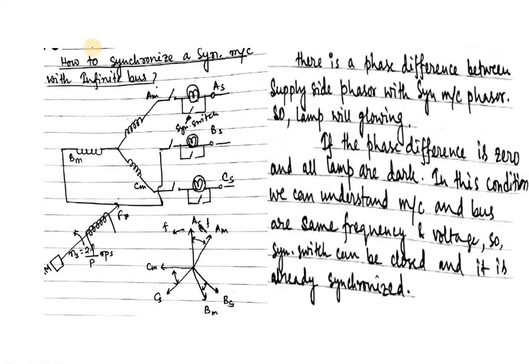Why do we need to connect the synchronous machine to the infinite bus? Because our total electrical system is connected through the grid. Through the infinite bus, it is connected with a large number of synchronous machines connected together.